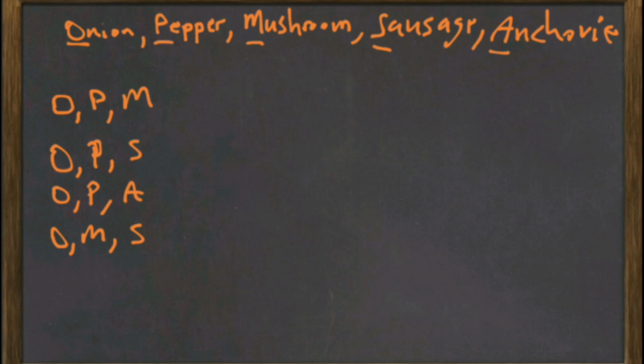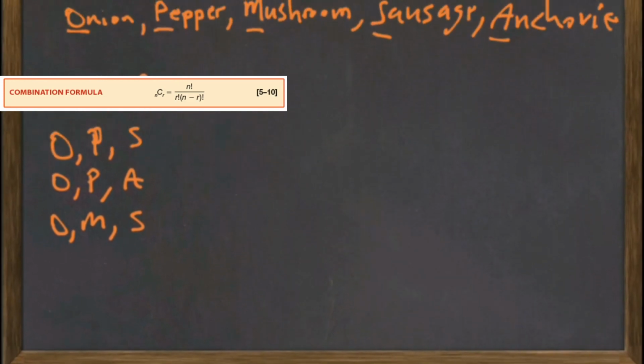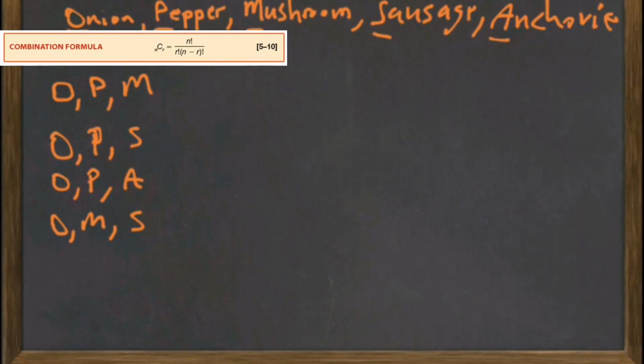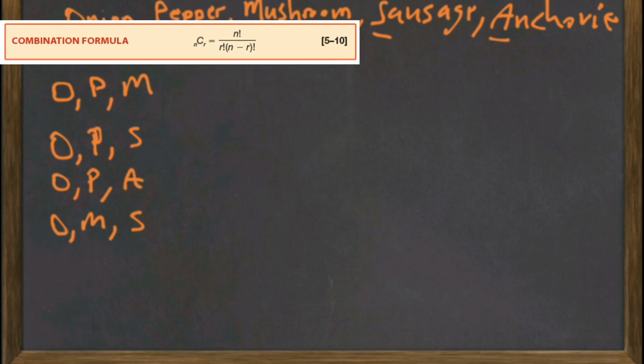Well, we can build it off of our last formula. It's going to look very familiar. The combination formula, and here that's what we're worried about. We don't care about the order, so it's just combinations of different ingredients. It's going to rely on the same concepts here.